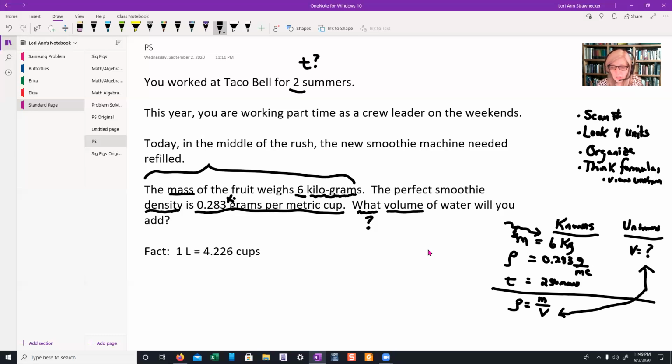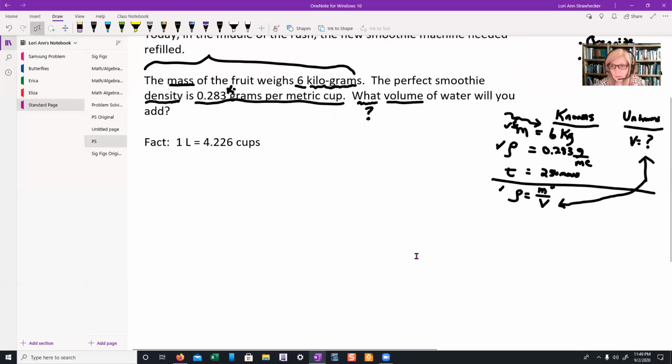And if we were to check some things off the list, we could say, oh, okay, density is here. And mass is also used here. So more than likely, this formula is the formula that we would use in order to solve this problem.